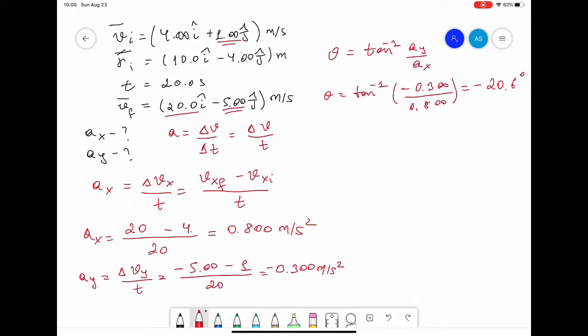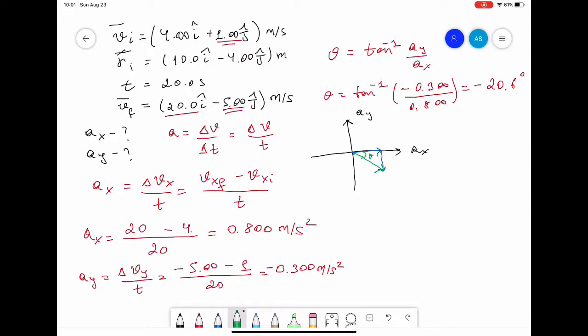20.6 degrees. If you try to draw the coordinate system and see where it is directing, we can approximately draw it. This is ax, this is ay. ax is in the positive direction, and ay is negative, so it's something like this. That means our direction of acceleration is pointing in this way. The opposite divided by the adjacent gives you this angle theta, which is minus 20.6 degrees.